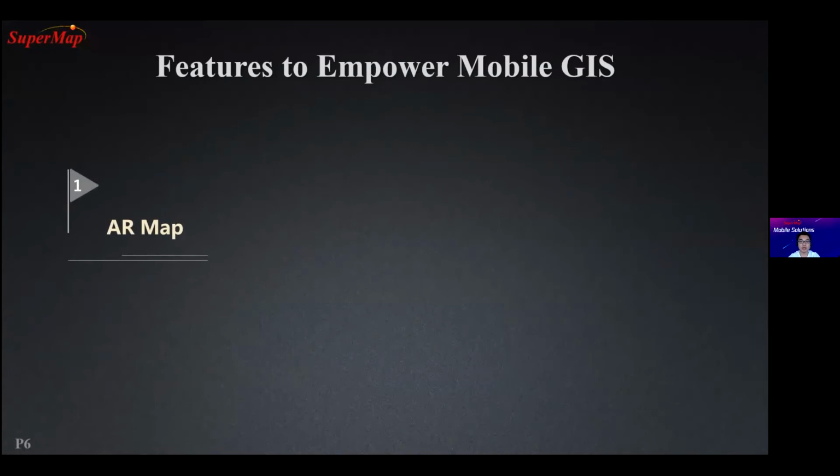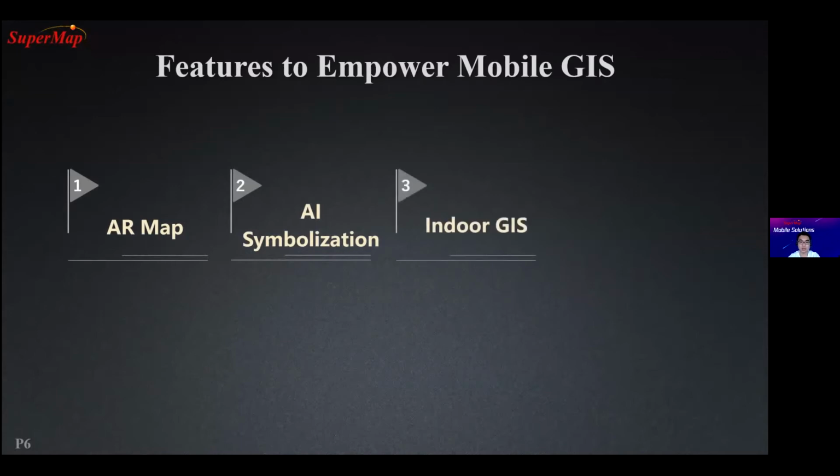And for the mobile application, we have some features. The first one is the AR map. And for the map, you can also set some color or symbolization, so we call it AI symbolization. And also we can use it for indoor.